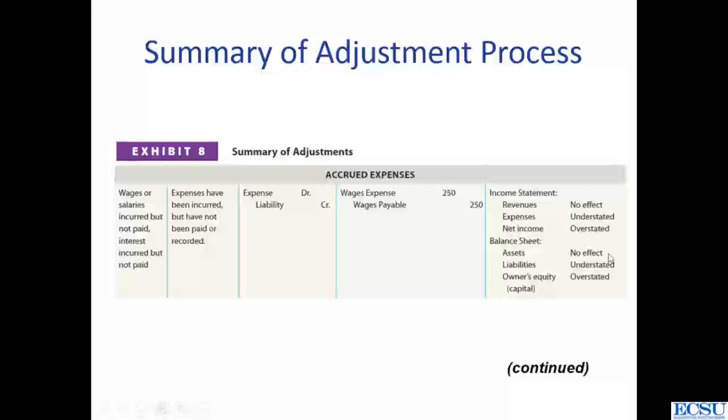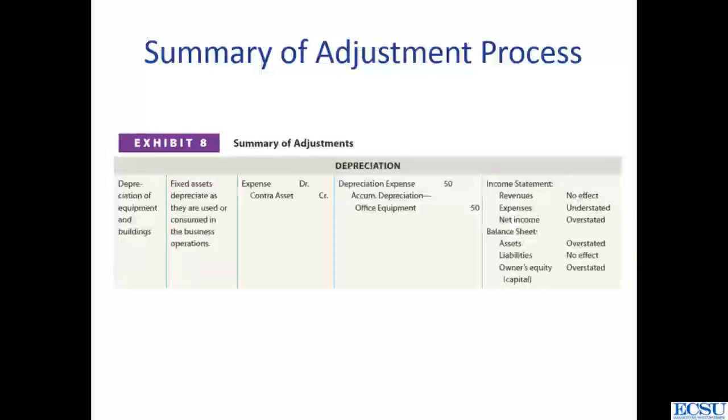And asset will not have any effect because there are no assets involved. Liability, yes, wages payable is a liability. If you don't do this journal, it will be understated. And net income and owner's equity are proportionally related, so therefore it's the same as net income, overstatement of owner's equity.